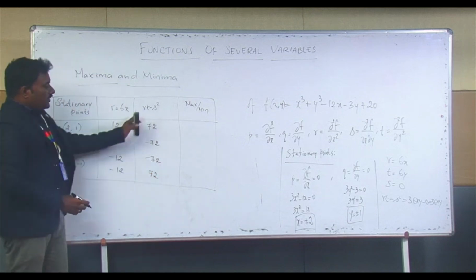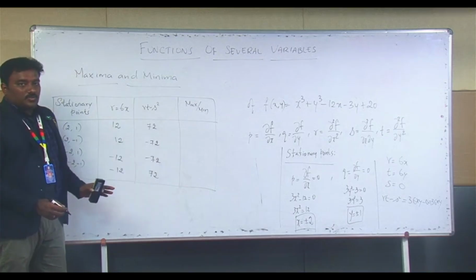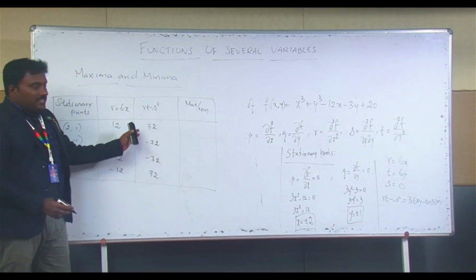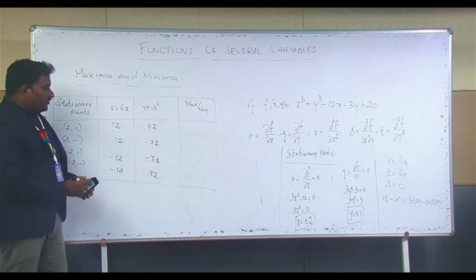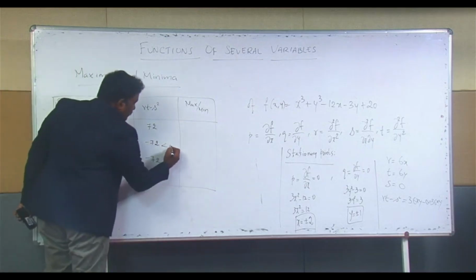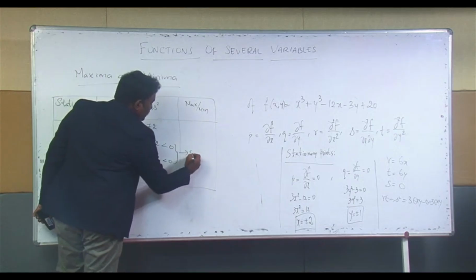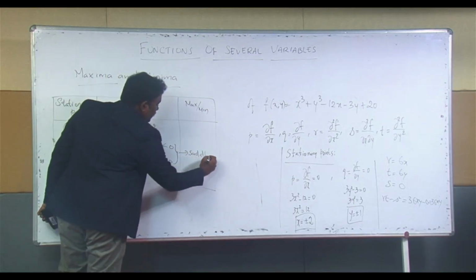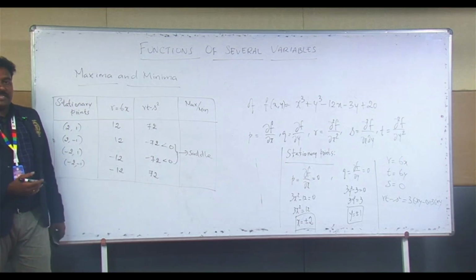So this rt minus s square value must be greater than 0. Whenever it is positive, we can have a maximum or minimum. If it is negative, these points are called saddle points. So it is neither a minimum nor a maximum.